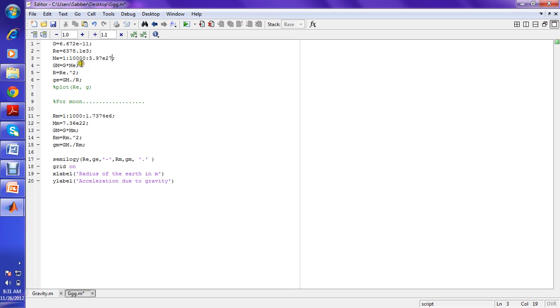How can this be varied? me dot multiplied with g, so this should be gm, equal to r square. Let's see. I don't know whether it will be working or not, but let's see.